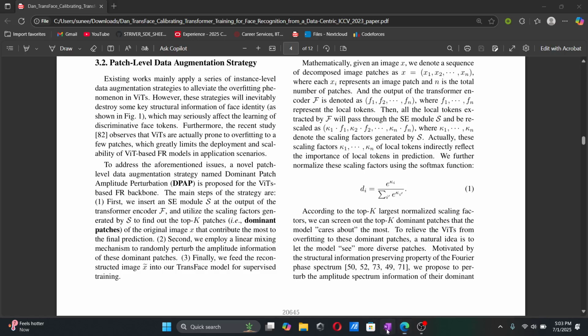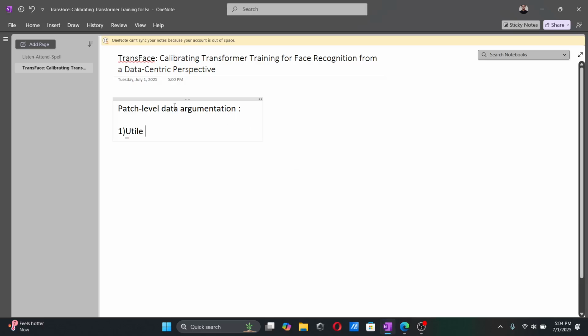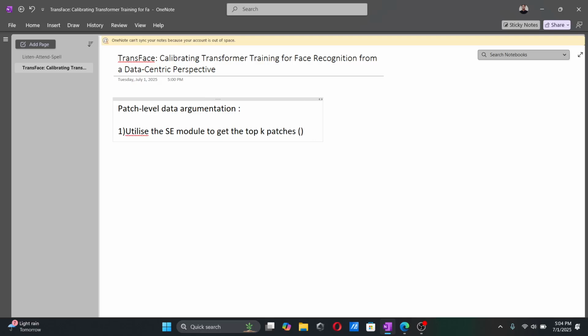Okay, I don't know what exactly they mean by that. We have to see what the scaling factors are and how they are used.